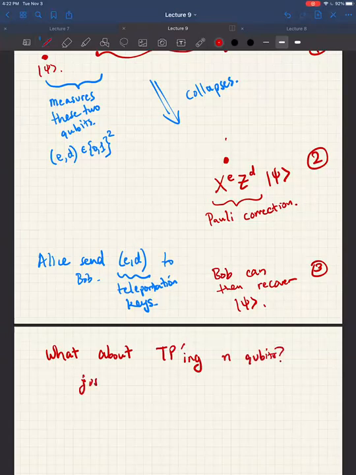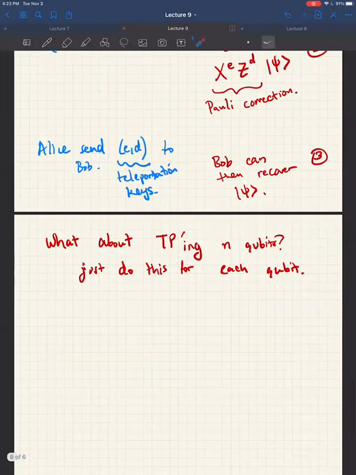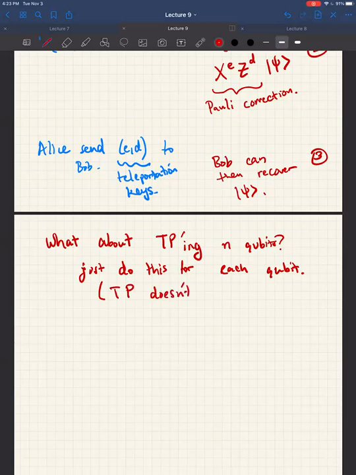We just do this for each qubit. The point is that even if this qubit psi was entangled with some other qubit here, after it's teleported to Bob, it still maintains its entanglement with that separate qubit. So another way to put it is teleportation doesn't break entanglement.